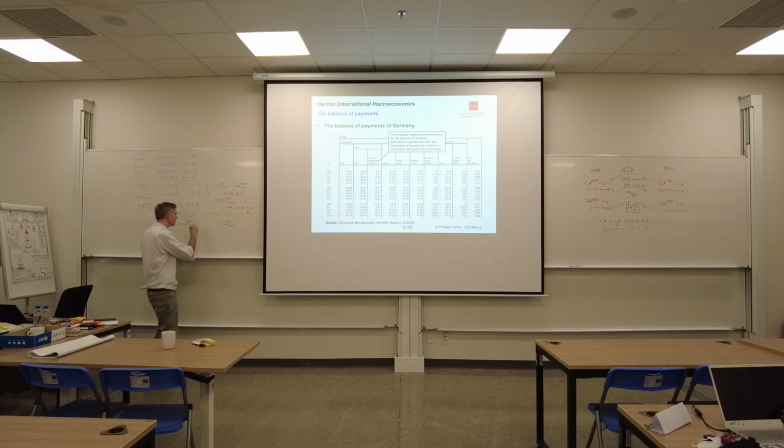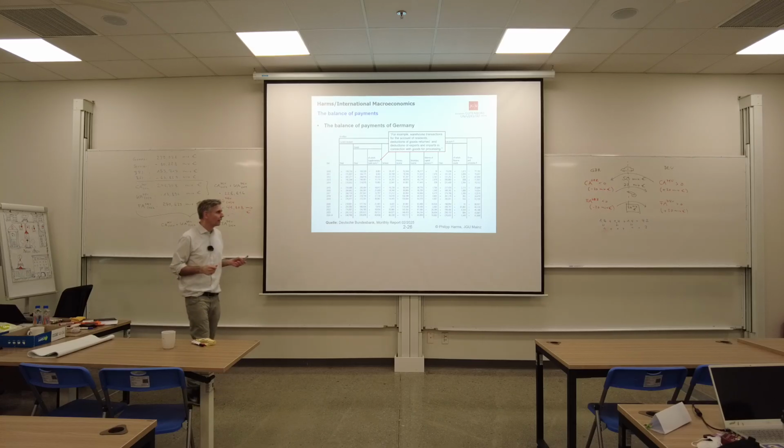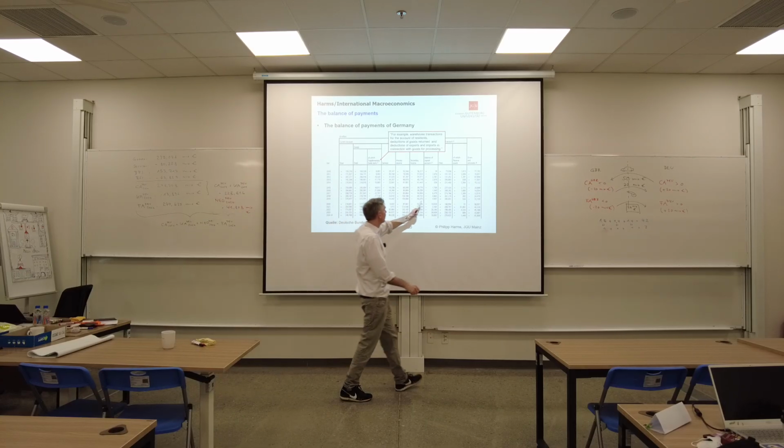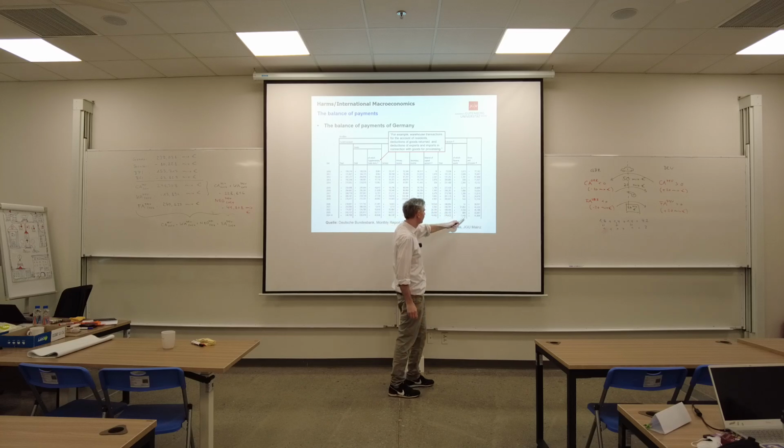And so what you do is you introduce those net errors and omissions, and then that's the logic. And of course, the people at the Bundesbank who are responsible for these errors and omissions, they hate it, right? Because this shows that they are wrong somewhere in the system, but they can't do anything about it, right?